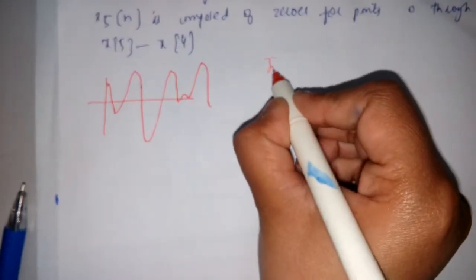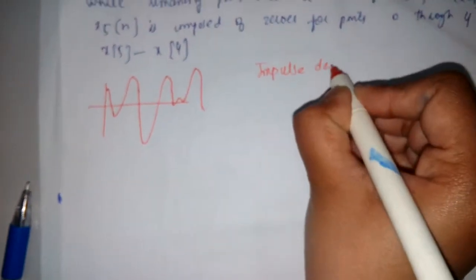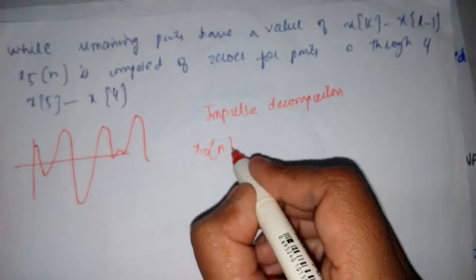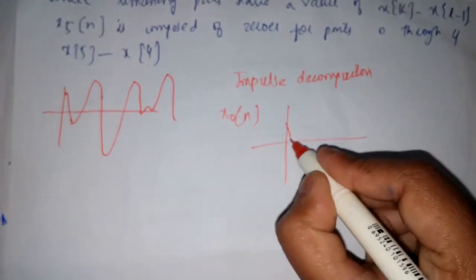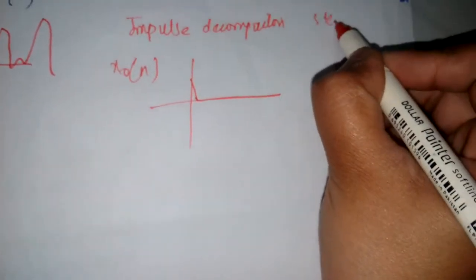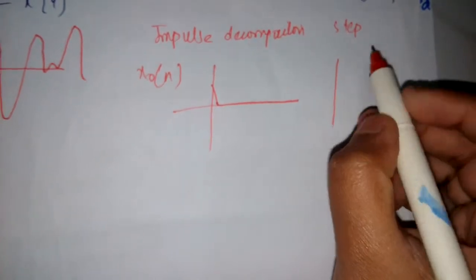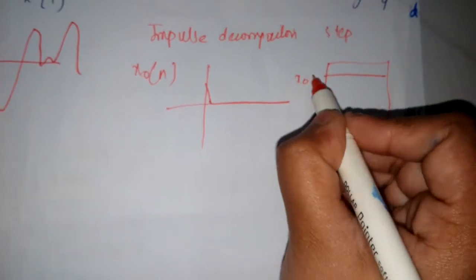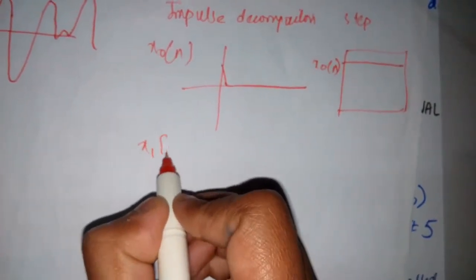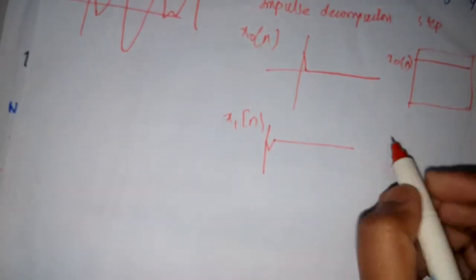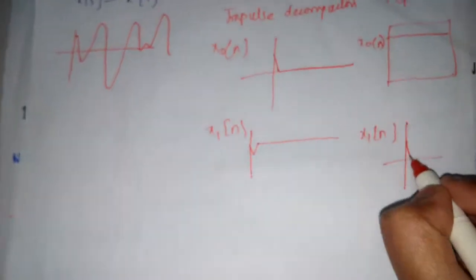In impulse decomposition, x0[n] is this, but in step decomposition it is like this. x1[n] in impulse is this, but in step it is like this.